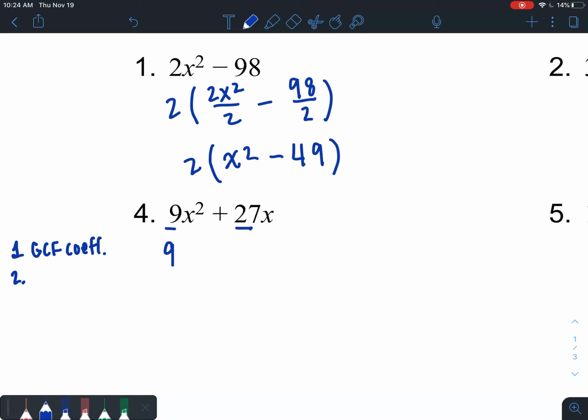Then I'm going to focus on the variables. So for x, the smallest degree that I have is a 1. So because that is the smallest degree that I have, I can only pull one of those x's out. So the biggest thing that divides both of these is 9x.